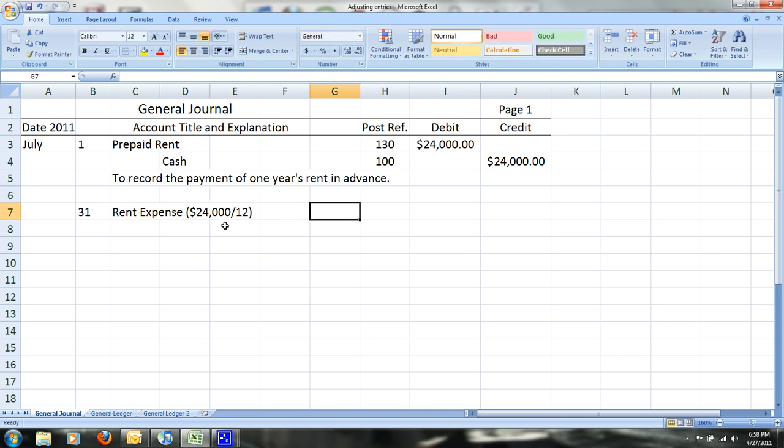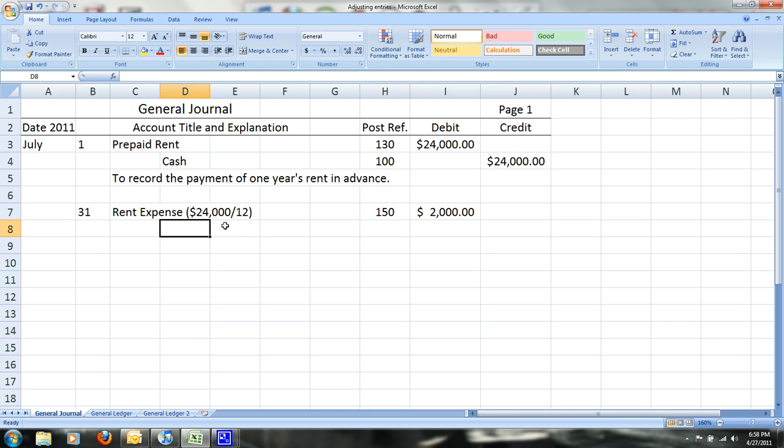And then we're going to have the post reference there of 150. Just make that up. And to increase the expense, we're going to debit it $2,000. Okay, so that's all you had to do there.